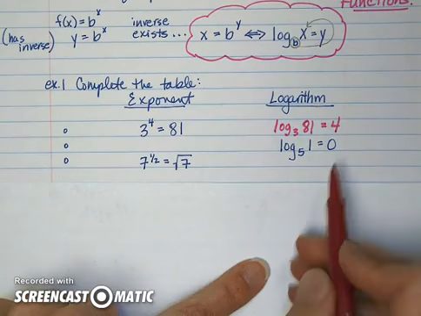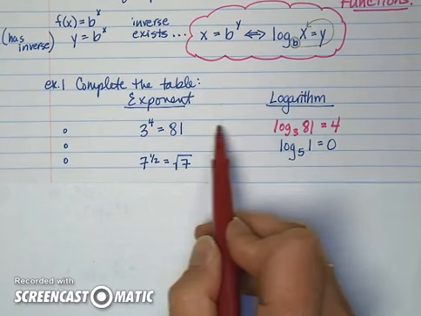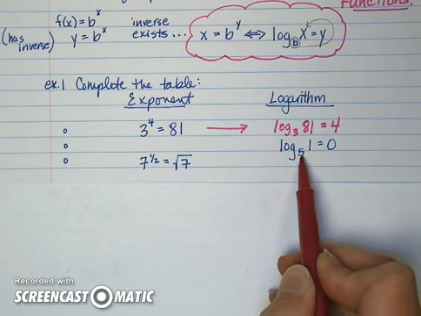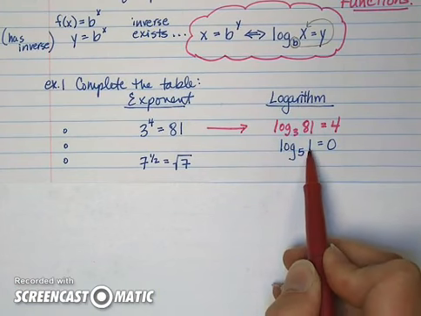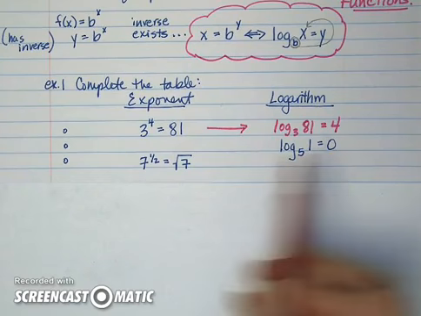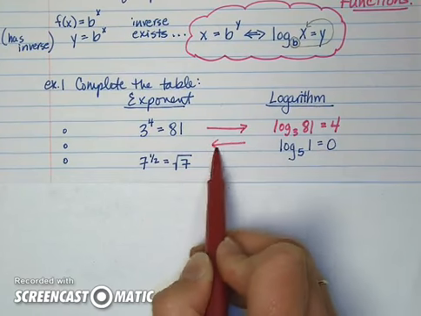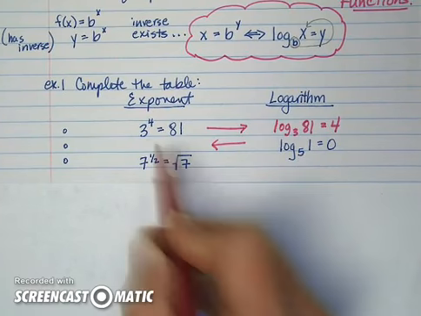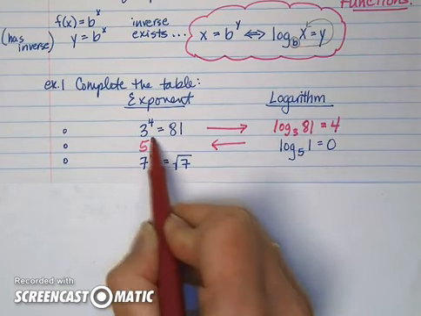Let's try this one. If you're given log base 5 of 1 equals 0, then you can write that in exponential form as 5 to the 0 equals 1.